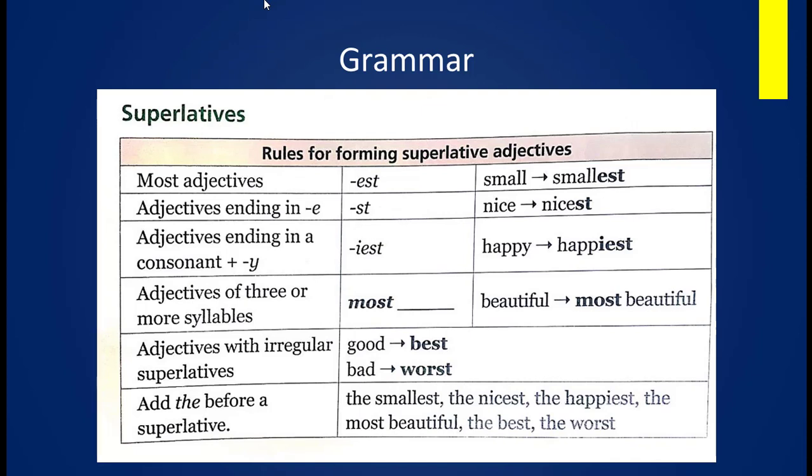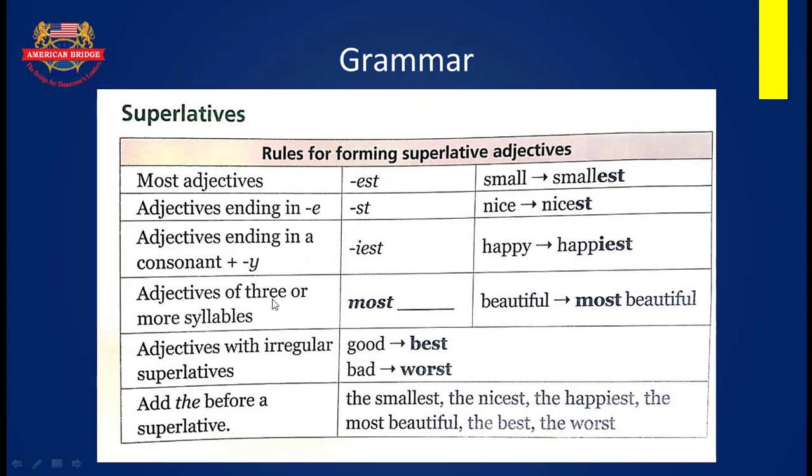For adjectives that end with the letter y, when you want to change them to the superlative, you have to change y to i first and then add est. Or you can say delete y, add iest, like happy to happiest.